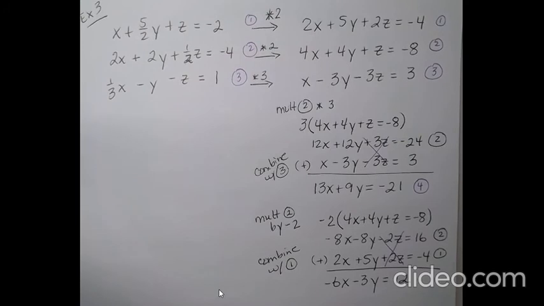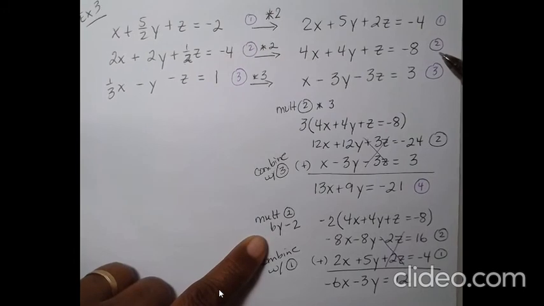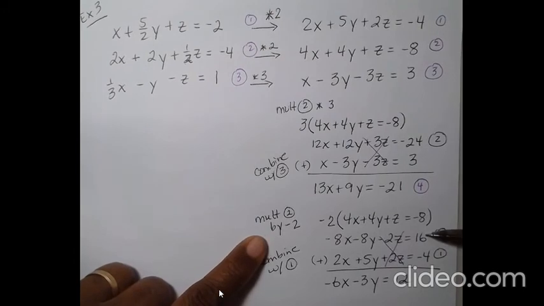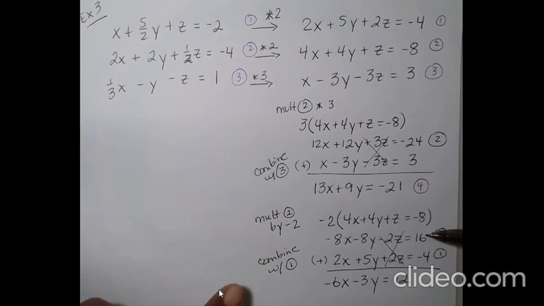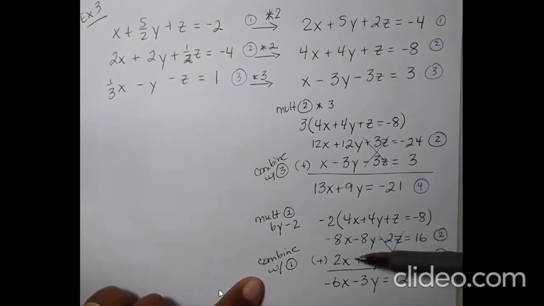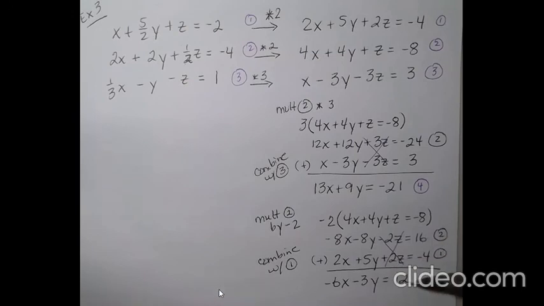We multiplied equation 2 times negative 2. That gave us a positive 16. Very good. And then we combine with equation 1: negative 6x minus 3y equals positive 12.